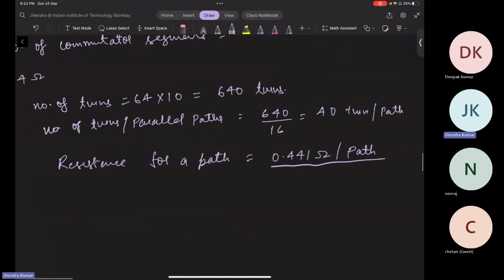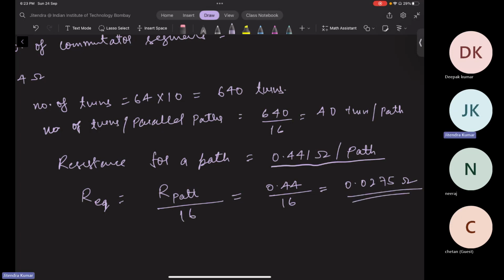After that, the total resistance will be equal to R path divided by the number of parallel branches, right? The number of parallel branches is 16 again, so it will be 0.44 divided by 16, which is equal to 0.0275 ohm. This will be your total armature resistance.